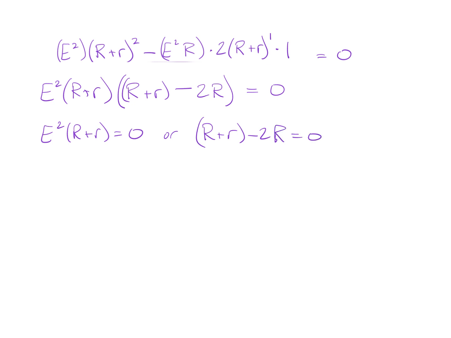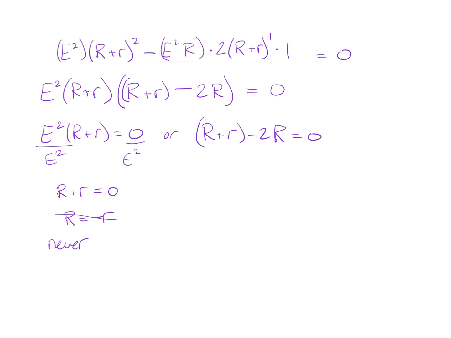In this case, E squared is a constant, so I could just divide it out. So I have big R plus little r equals 0. Remember, little r is a constant. Big R is my independent variable, so that's what I'm solving for. So I get capital R equals negative r. And this never happens because we can't get a negative for our resistance.